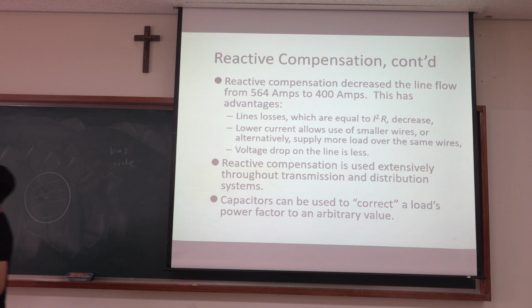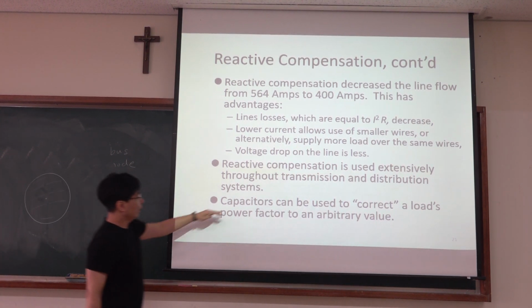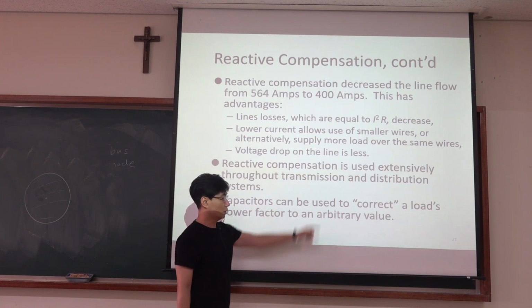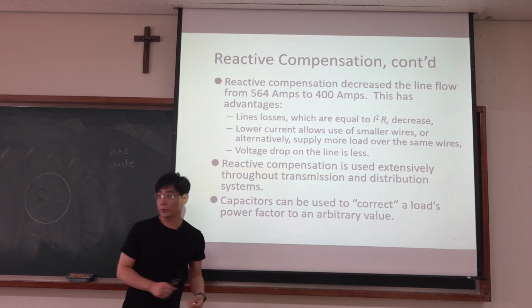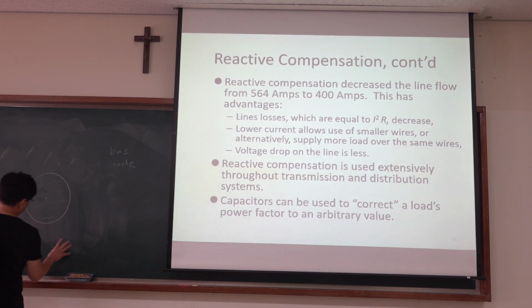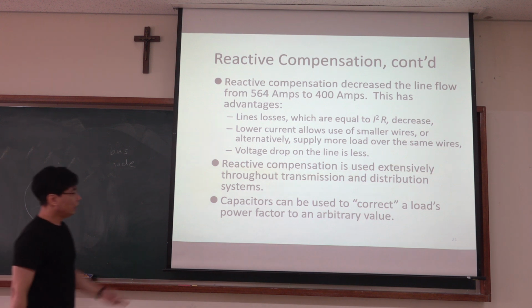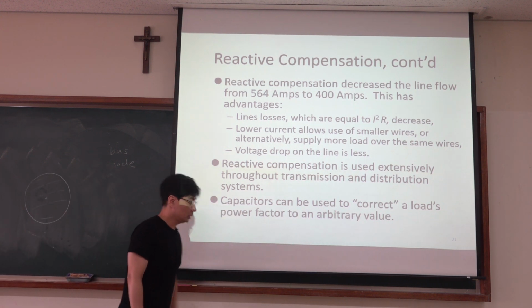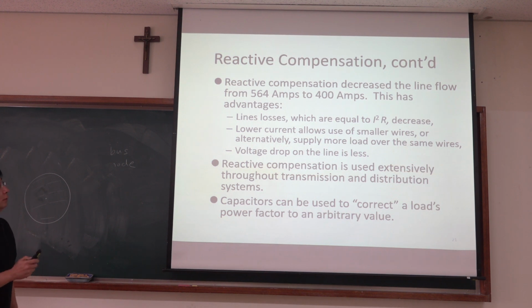I will show you the figure shortly. And the capacitors can be used to correct a low power factor to an arbitrary value. To choose C properly, we can make power factor 1, but 0.95 is typically good enough. Anyway, by putting some capacitors, we can make power factor an arbitrary value.